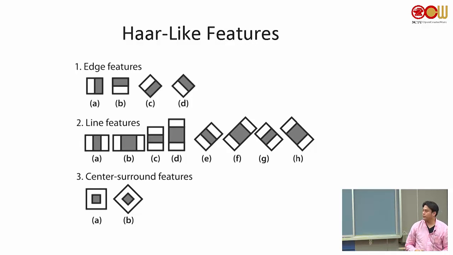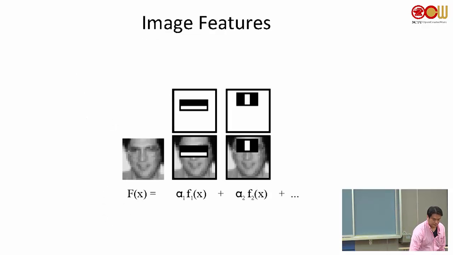Let's take a look at those features. Some of the features will represent edges, some of them lines, or some of them centered around, maybe a corner or maybe a dot. Okay.